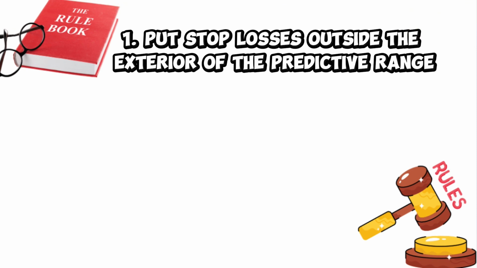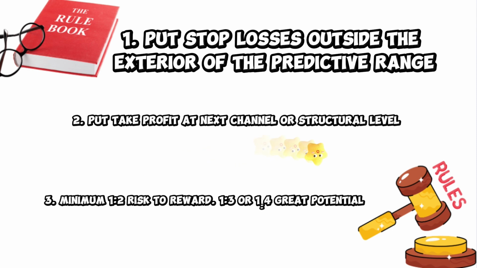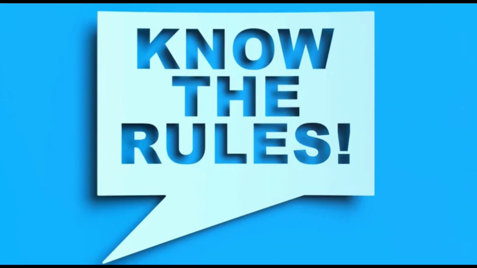Whether you're buying or selling, make sure that your stop loss is at the top of the ranges or at the bottom of the ranges. Number 2, TP at the next channel or at your structural candle that you can literally see. Number 3 is what you have to lock in, which is literally your risk to reward. Minimum 1 to 2, but most times you'll be able to lock in 1 to 3 or even 1 to 4 easily. Those are your rules.